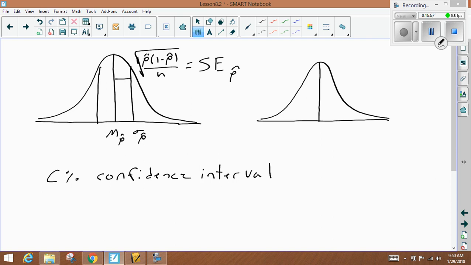You have your statistic plus or minus your critical value, which we're going to call Z star, times our standard error.